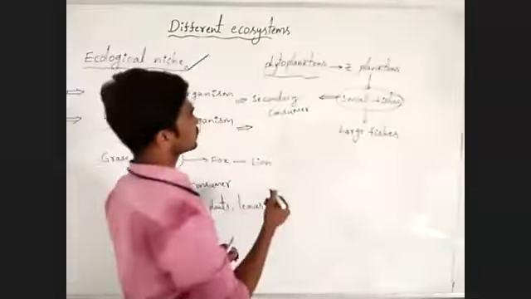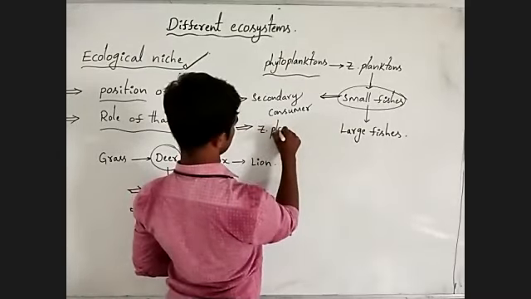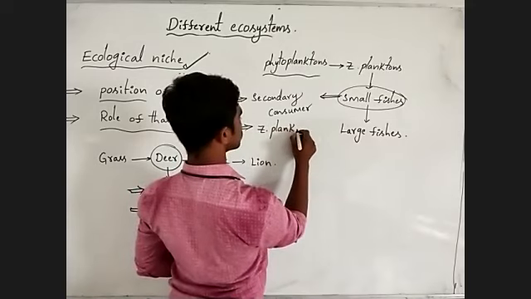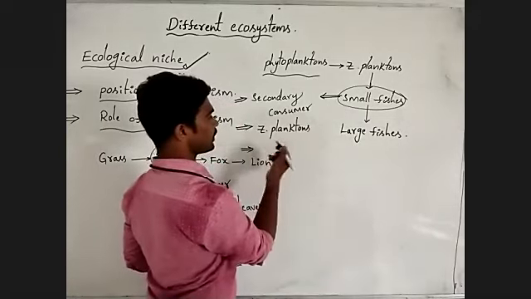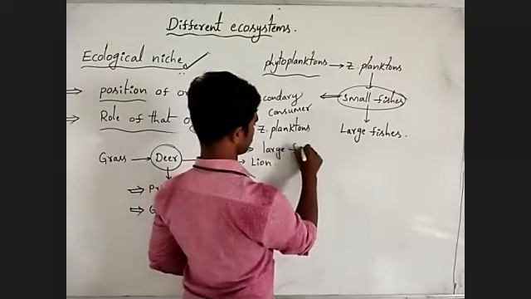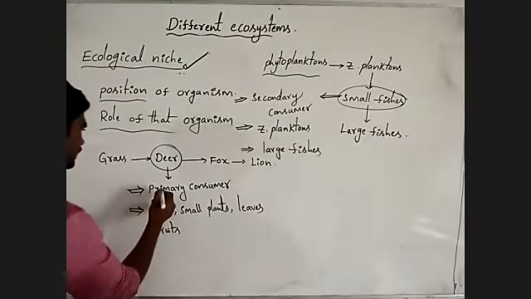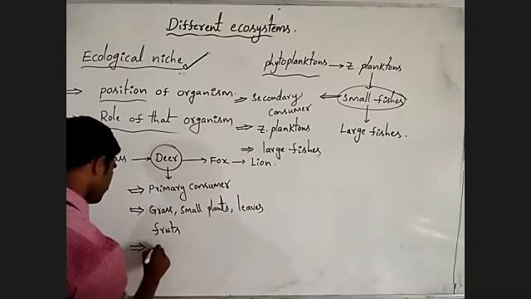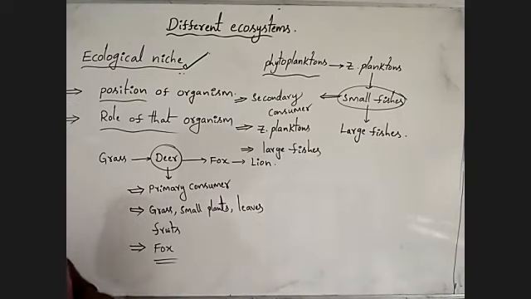Next, it eats zooplankton, and it is eaten by large fishes. Here, deer is eaten by fox. Okay, observe.